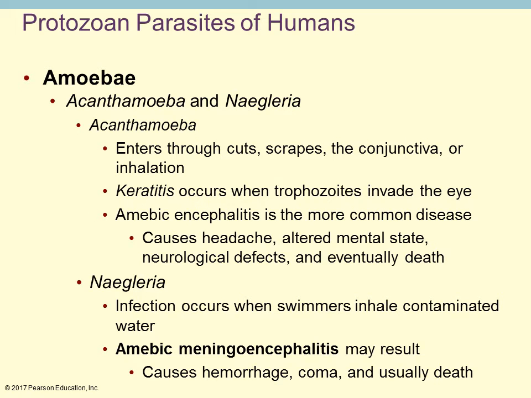The one that I really want to mention, even though it's not quite as common as the other, is Naegleria. Usually people are swimming in contaminated water. The symptoms usually start fairly quickly and very quickly can lead to hemorrhaging, coma, and then death.